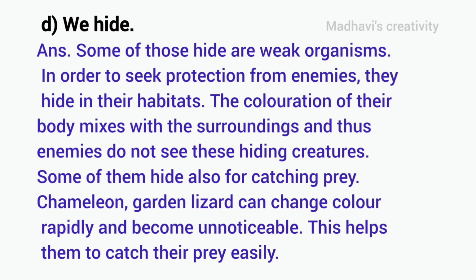The coloration of their body mixes with the surroundings and thus enemies do not see these hiding creatures. Some of them hide also for catching prey. Chameleon and garden lizard can change color rapidly and become unnoticeable. This helps them to catch their prey easily.